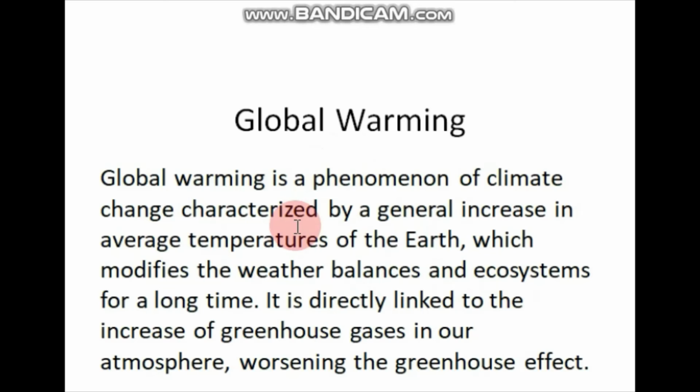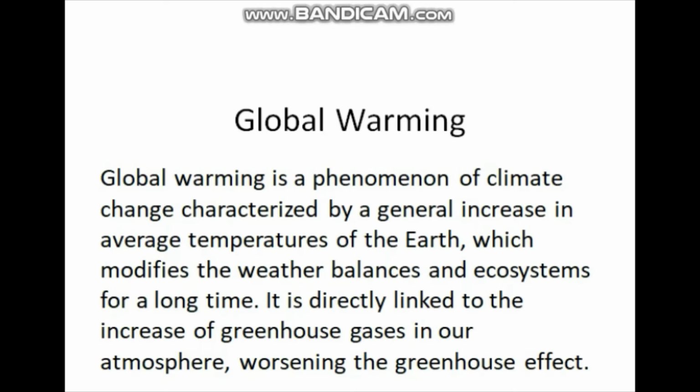It is directly linked to the increase of greenhouse gases in our atmosphere, worsening the greenhouse effect. So, in a nutshell, the more greenhouse gases that are trapped, it is going to lead to more warmth being trapped, which becomes a negative thing to us.